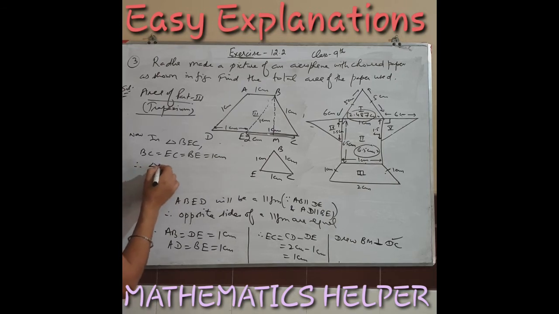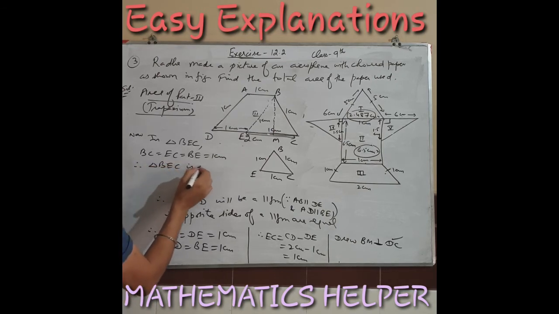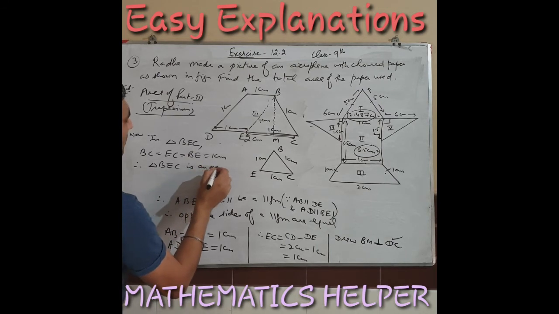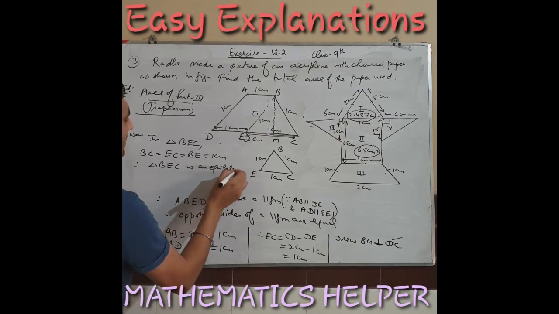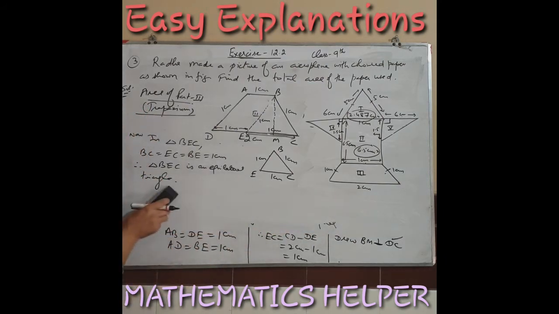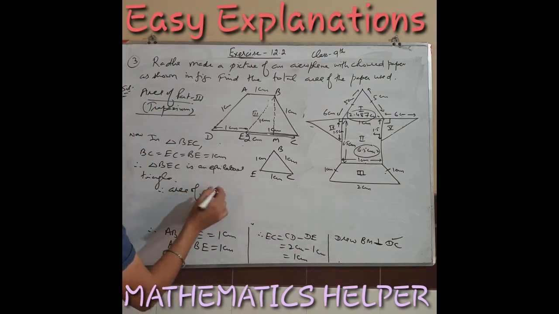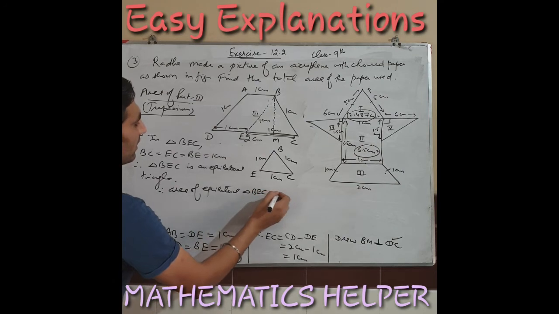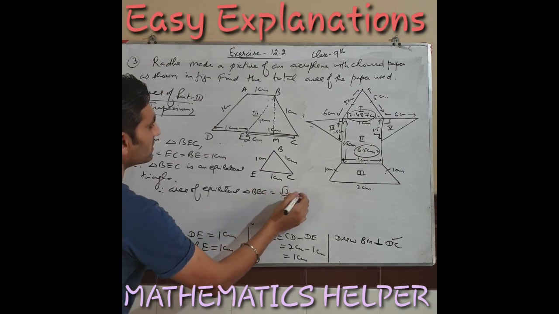Therefore, this triangle BEC is an equilateral triangle. And what is the area of an equilateral triangle? We discussed it in the very first question of 12.1. So the area of equilateral triangle BEC is square root 3 over 4 into side square.